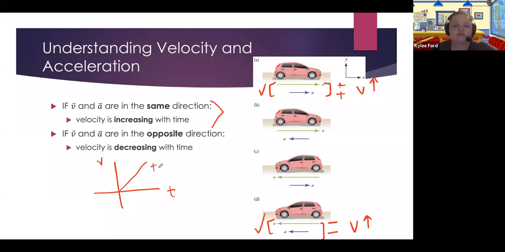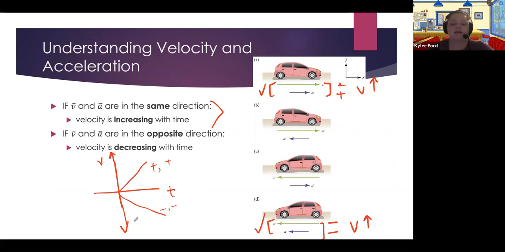Positive, positive. If we have negative, negative, it'll look something like this. It looks like in this direction we're getting more negative and this way we're getting more positive, so this would make sense. It's increasing with time.